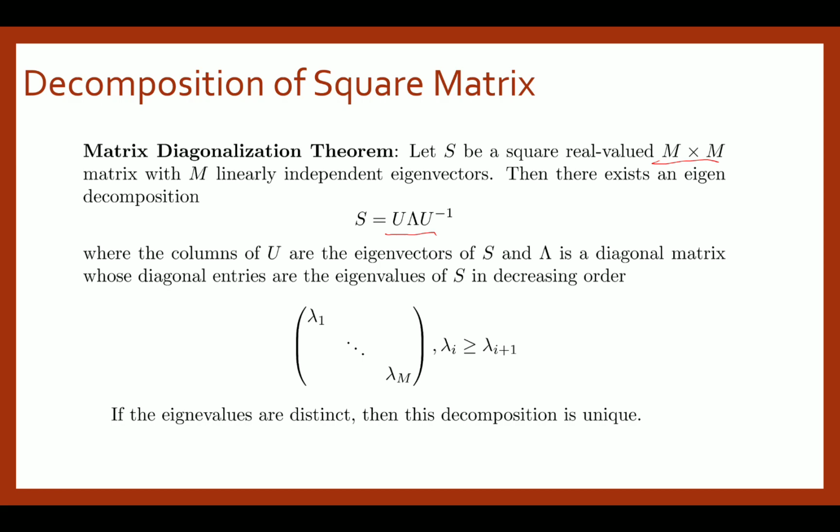We can call it the matrix diagonalization theorem or the eigen decomposition of matrices. S can be written as a product of these matrices, where the columns of U are the eigenvectors of S, and this big lambda is a diagonal matrix where the diagonal entries are the eigenvalues of S in decreasing order. And if the eigenvalues are distinct, then this decomposition is unique.